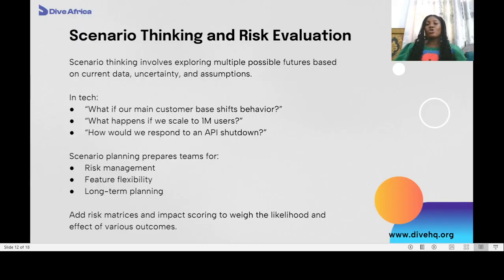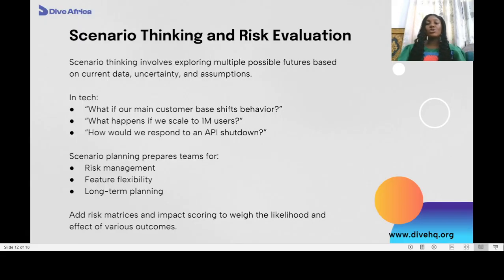What if our main supplier goes out of business? Meaning you have to have another plan B, or even plan C or plan D. Another what if: internet service is disrupted. What if we double in size overnight. So scenario thinking and risk planning help you imagine different what-if scenarios.